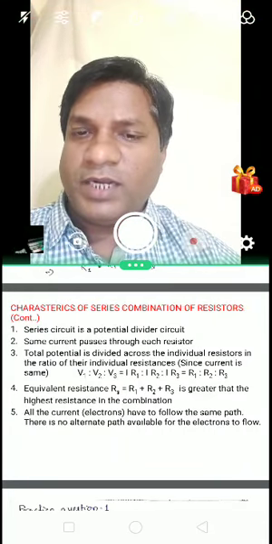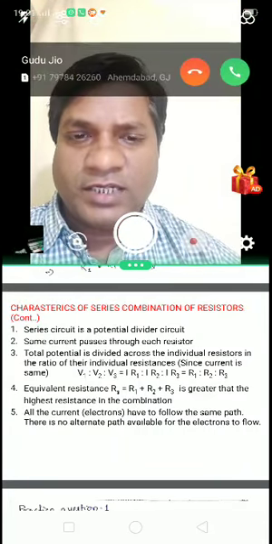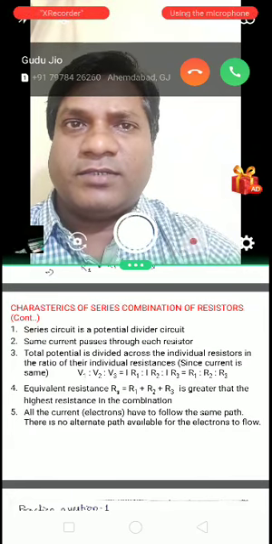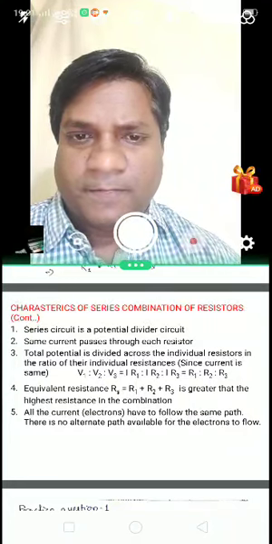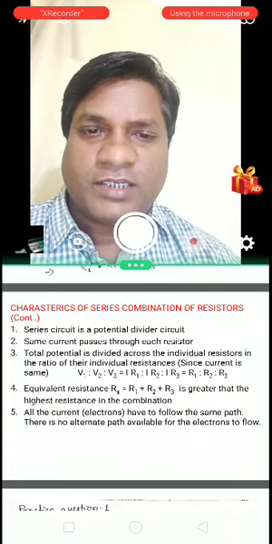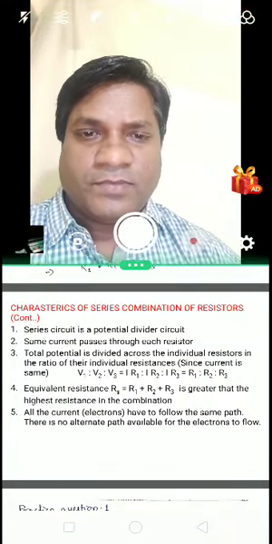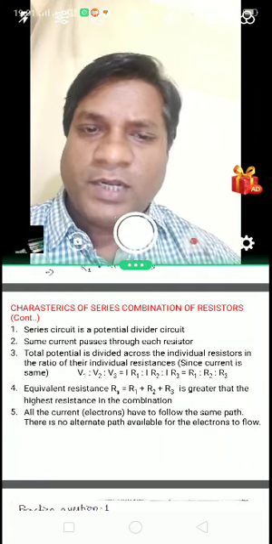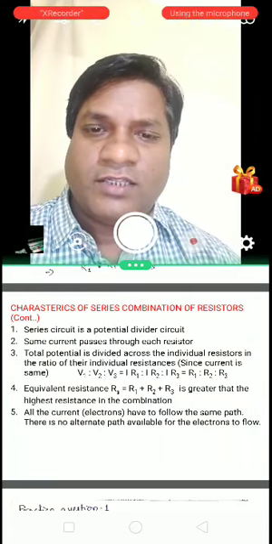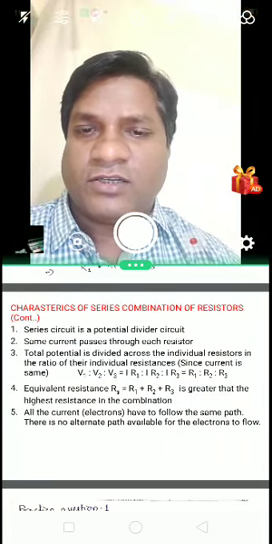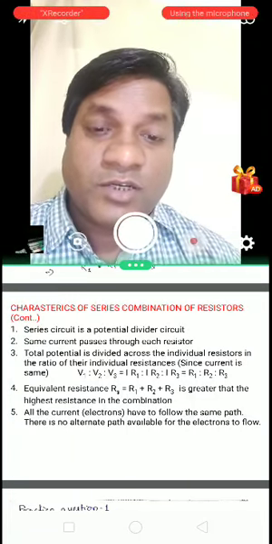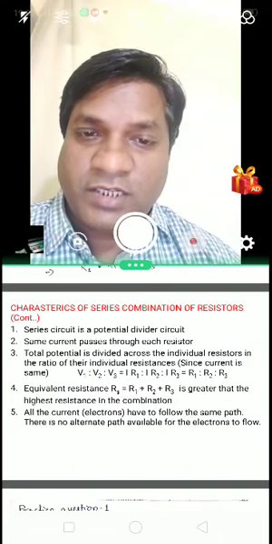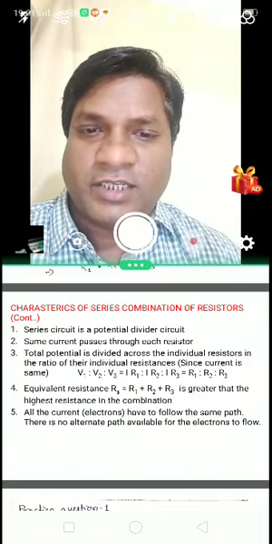Now come to the equivalent resistance. The equivalent resistance is the sum of the individual resistances. So the equivalent resistance is greater than the highest resistance in the combination. Suppose we connect a 1000 ohm resistor, a 10 ohm resistor and a 1 ohm resistor in series.